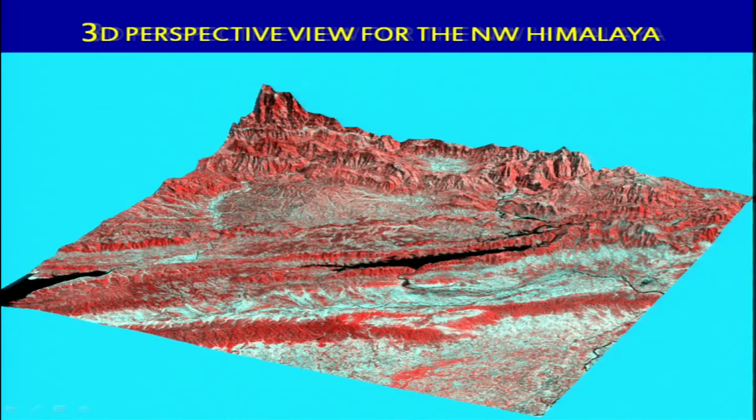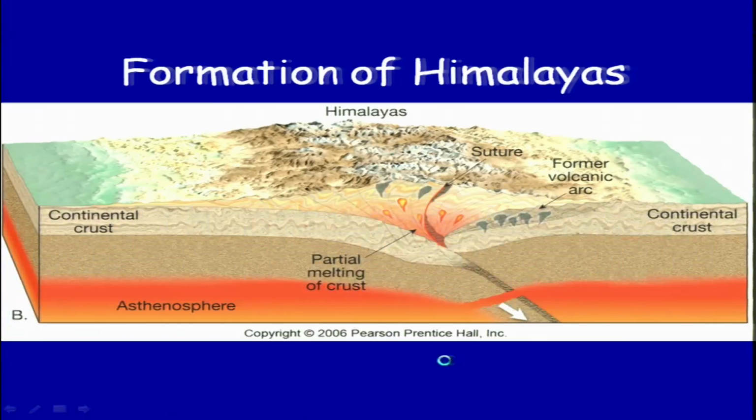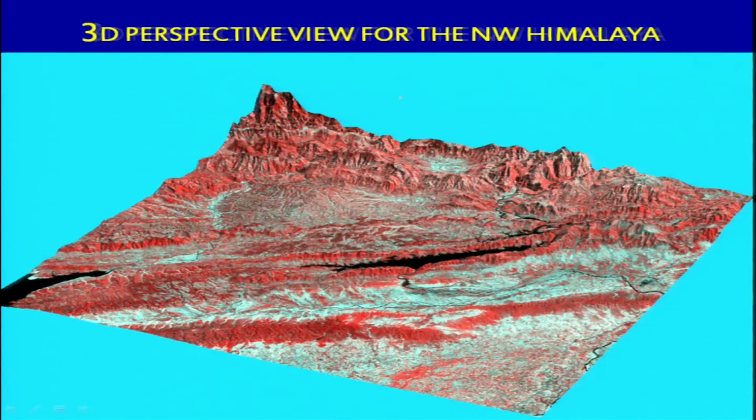Okay, so what we see here is, when you deform the complete Himalaya, what we were looking at in one of the slides, that you will find that deformation is something like, if you deform the layers or you are colliding two plates, you will be able to see the folds.